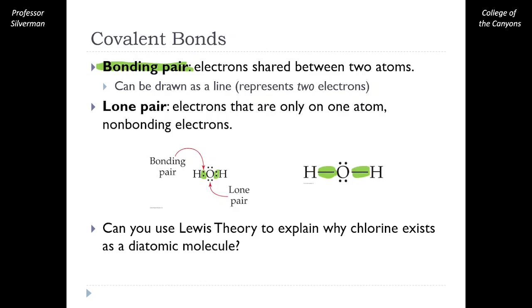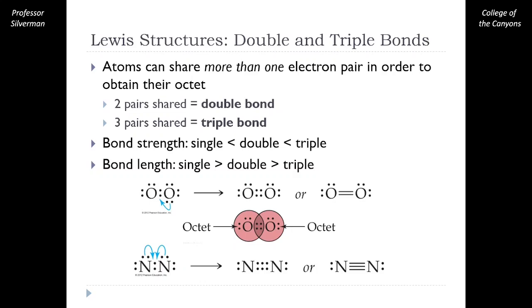A dot is 1 electron, a line is 2 electrons. The other term we can use is lone pair. A lone pair is a pair of electrons that is only on one of our atoms. When we are forming these molecules, our goal is to get up to an octet on every single atom.